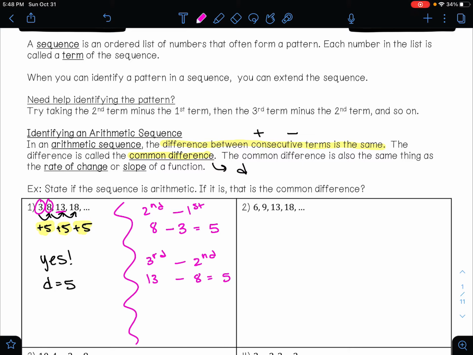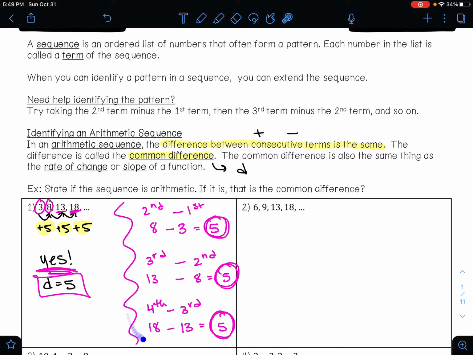Let's try that again with the next one. Let's do the fourth term minus the third term. The fourth term, right, because 1, 2, 3, 4. The fourth term is 18 minus the third term is 13. 18 minus 13 is 5. Because we got 5 every time, it is arithmetic, and the common difference is 5. So if you're ever having a hard time identifying the pattern, try doing this over here.